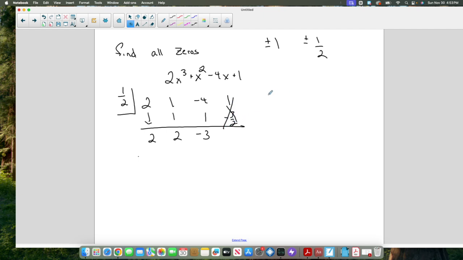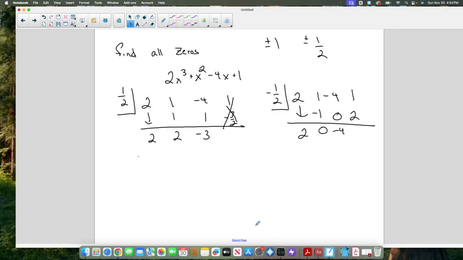So let's try negative 1/2 and see if that works. That's here. 2 gives me negative 1. Let's make sure I did everything right. Yeah, so that doesn't work either.